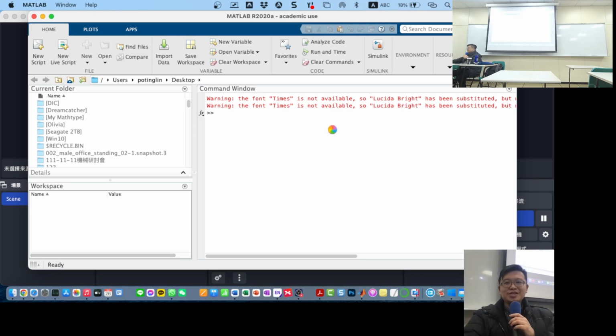Only 18%. Well, if I lose it, then I cannot show you MATLAB. I can only continue with my iPad. Don't do this right now.